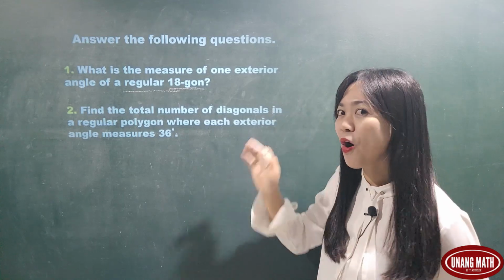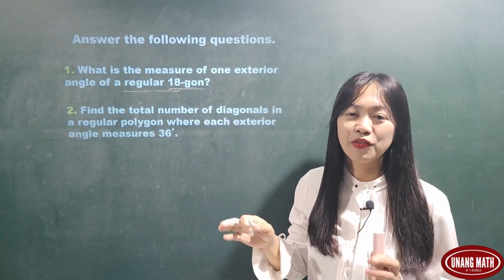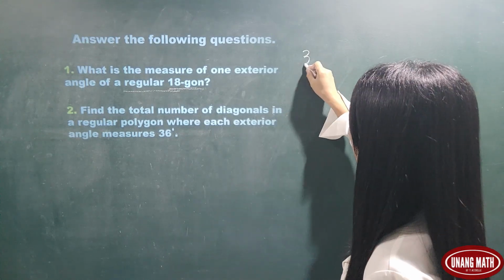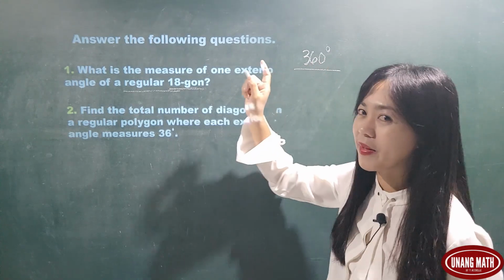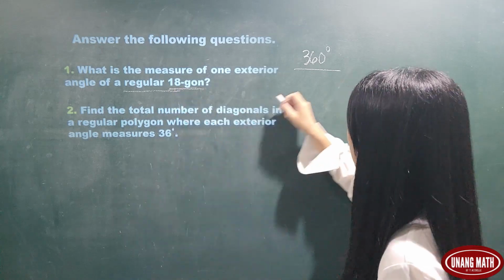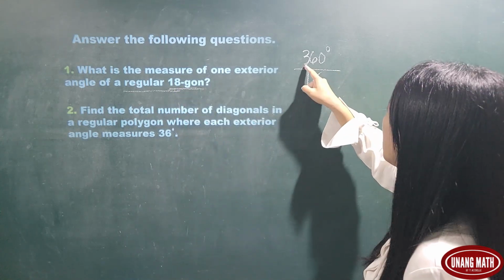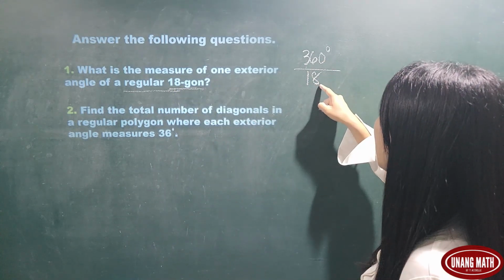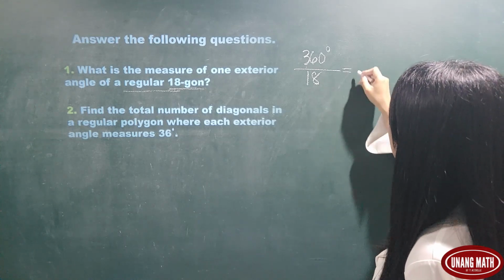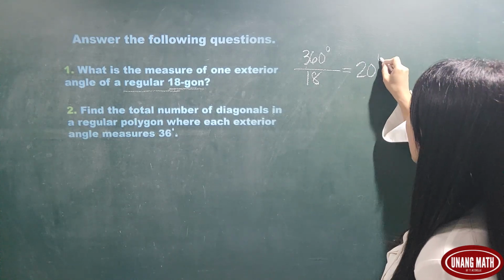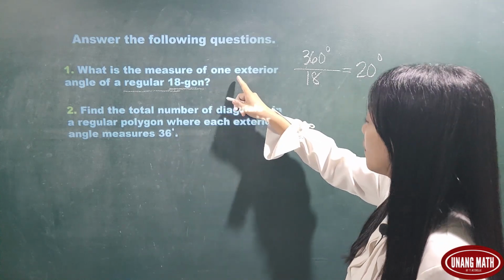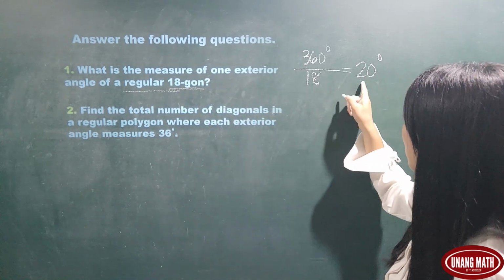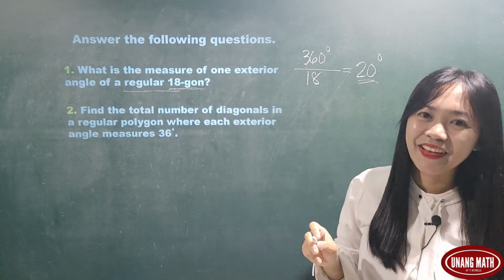So the sum of the exterior angles of any polygon is 360 degrees. So 360 degrees divided by the number of vertices, which is 18, is equal to 20. So each exterior angle measures 20 degrees.